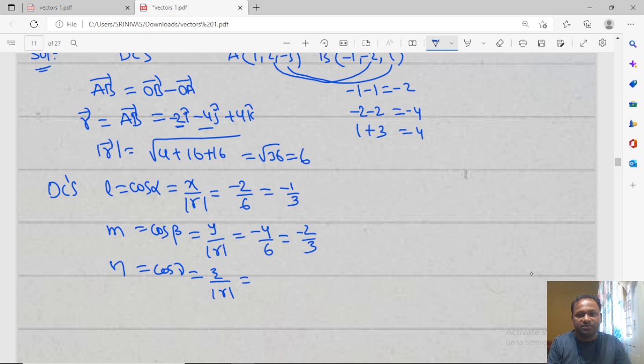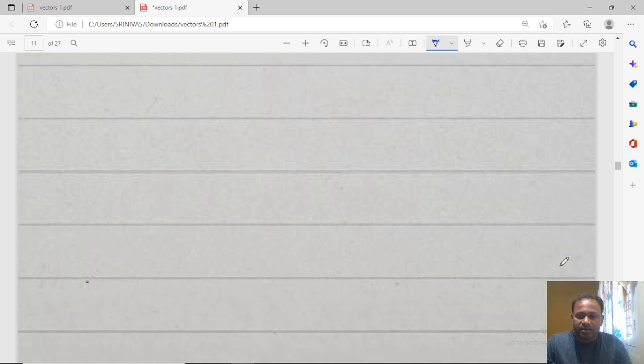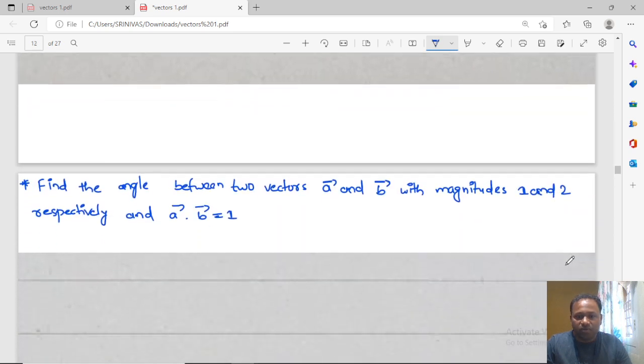Z is 4, divided by 6, that is 2 by 3. Okay, so these are the direction cosines. Understood? Right. We will move on to one more problem.